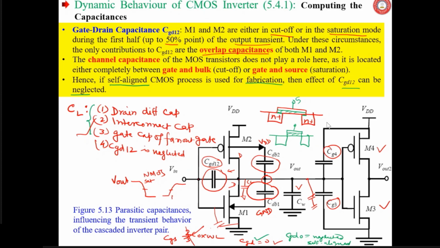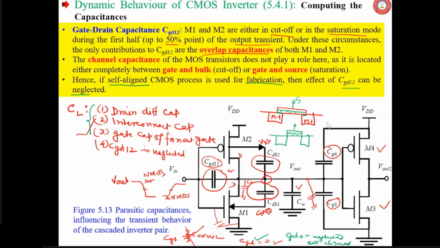This is Vout, remember. When Vout is 0, the NMOS was on, and then it is entering which region? When Vout equals VM, then it is in the saturation region.